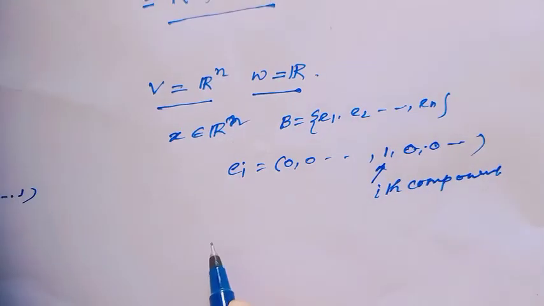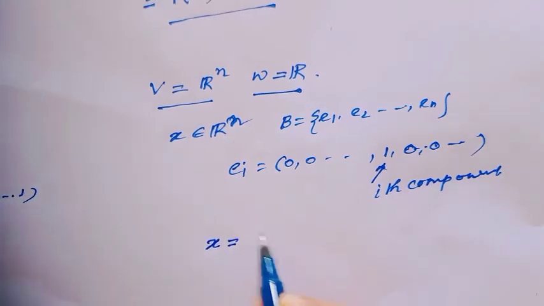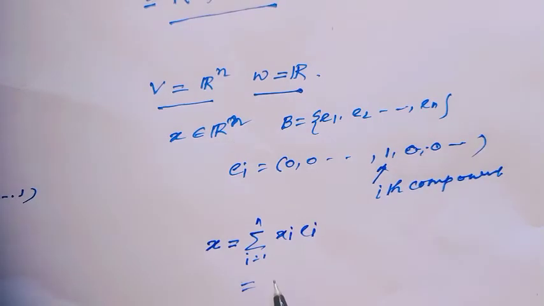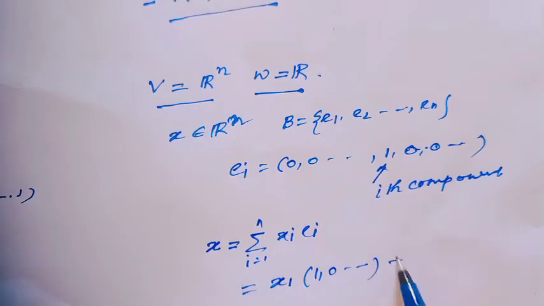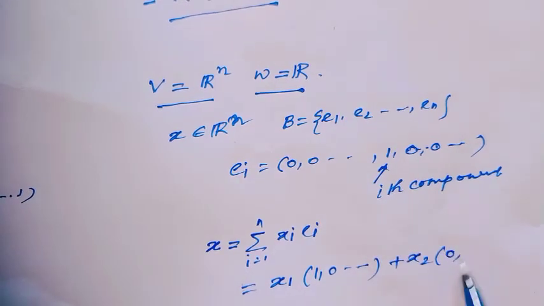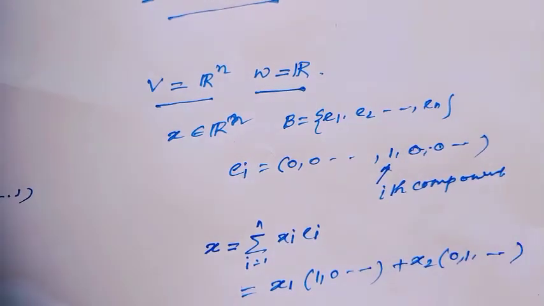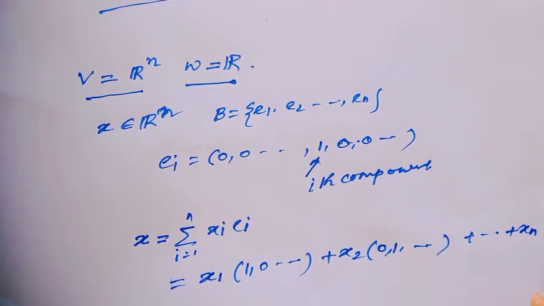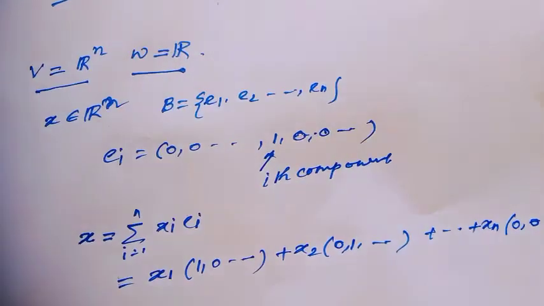Then we can write x as the summation of xi ei for i = 1 to n, which is x1 times (1, 0, 0, ...) plus x2 times (0, 1, 0, ...) up to xn times (0, 0, ..., 1), where the nth term is 1.